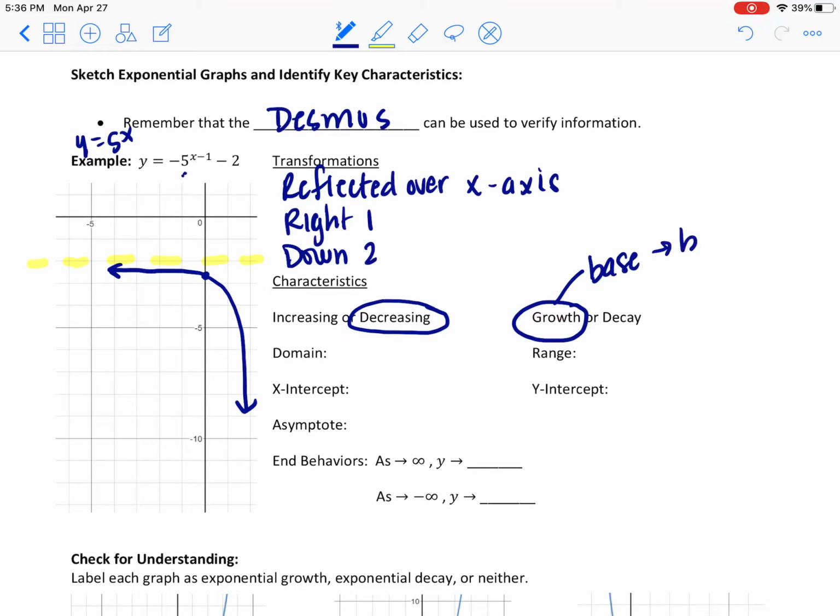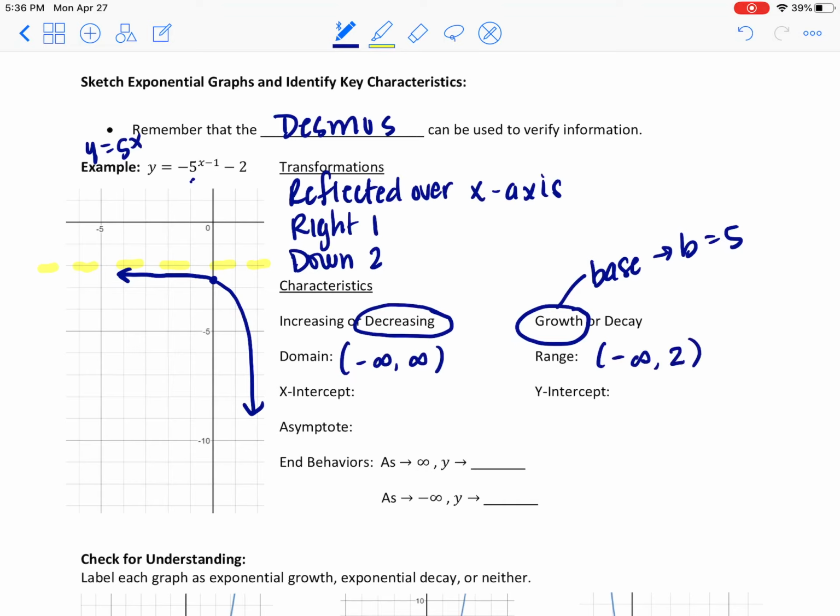It's because it reflected over the x-axis, because there's a transformation there, that it's decreasing. But this is technically exponential growth. It's just growing in the negative direction. So even though it's decreasing, this is still growth, because the base, b, is 5, and that's bigger than 1. So because it reflected, it's growing in the negative direction.